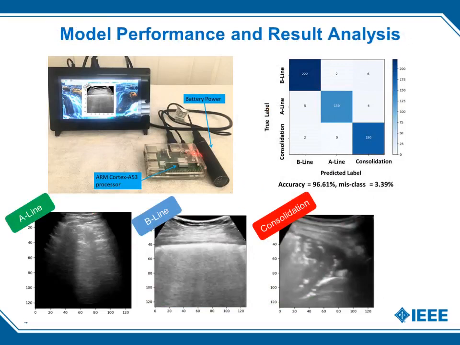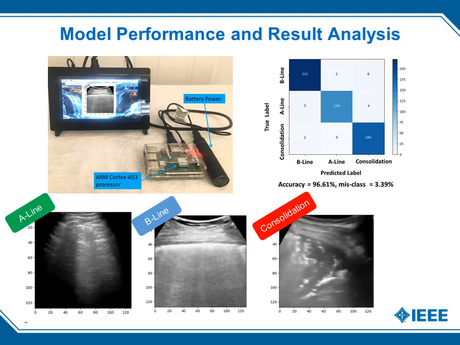After software and hardware implementation, a portable ultrasound image can be fed into our device for classification. The user can tell if the image is an A-line pattern, B-line pattern, or consolidation pattern with over 95% accuracy.